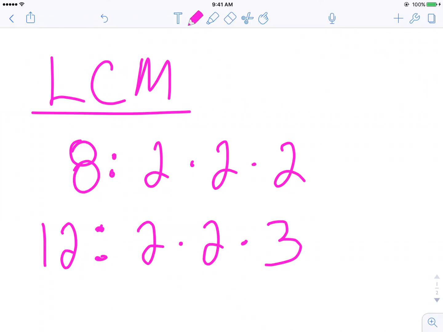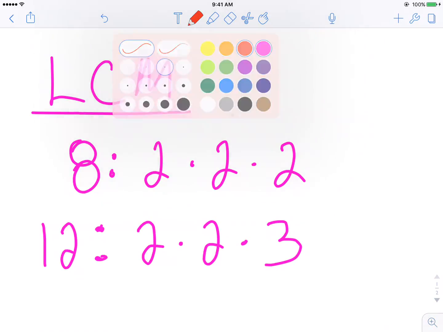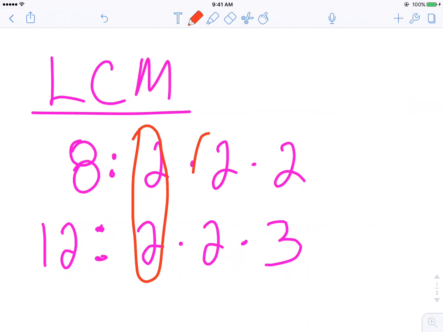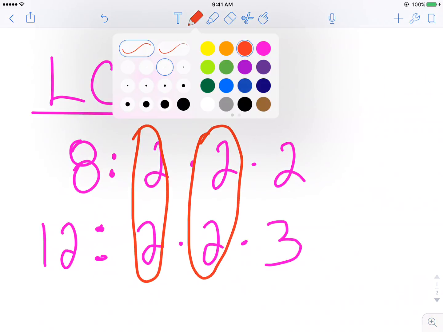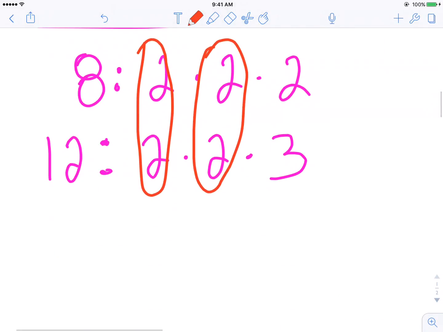And again, I look to see what's common. 2, 2, which means 2 times 2.